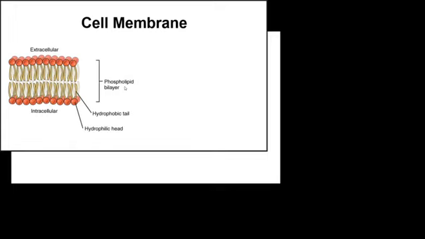For the root there, hydro means water, philic means loving, so hydrophilic head means it loves water, it will dissolve into water. And the hydrophobic tail means that it's scared of water, so it tries to get away from the water that's in our extracellular fluid, as well as the water in the intracellular fluid.